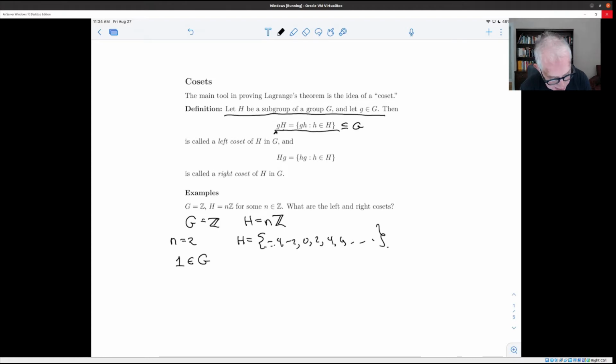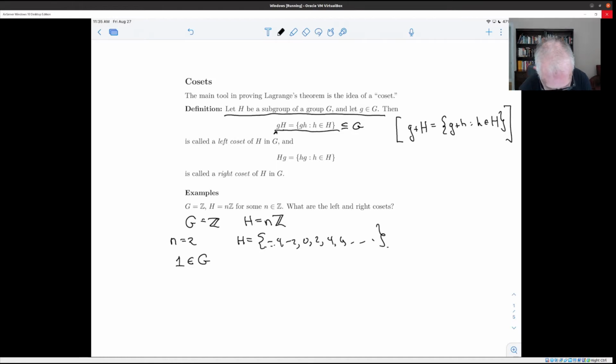So in that case, we use alternatively the notation g plus H, which is the collection of g plus h for h in H. It's the same thing, we just write the binary operation differently.